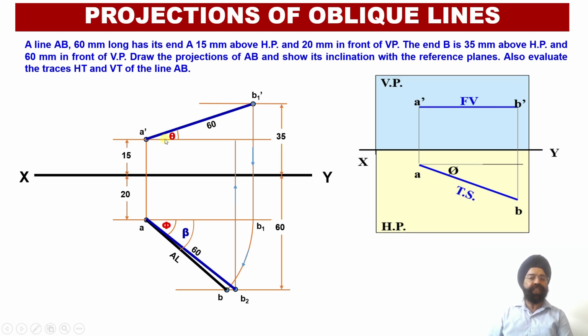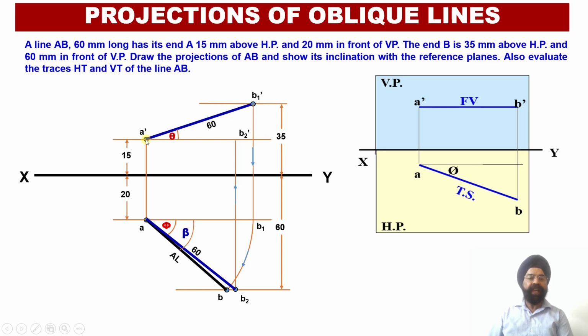Now onto this locus line, I will be obtaining a point. This will be point B2 dash. So B2 dash and B2 will be falling in one vertical line. It is a vertical projector. Now I have been able to obtain the apparent length of the line, which is a horizontal line over here, which is parallel to the horizontal plane.